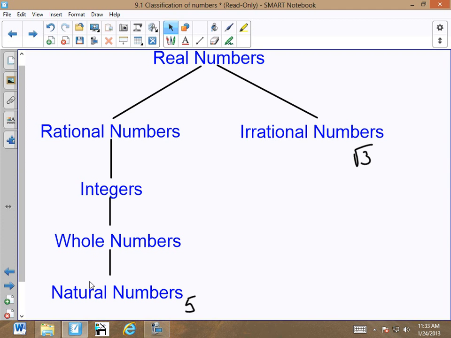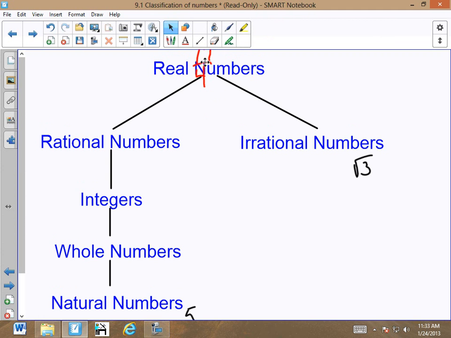What about the number 17 over 4? I put it up here on the slide. Can 17 over 4 be written as a fraction? Yes. Yes, it is a fraction.